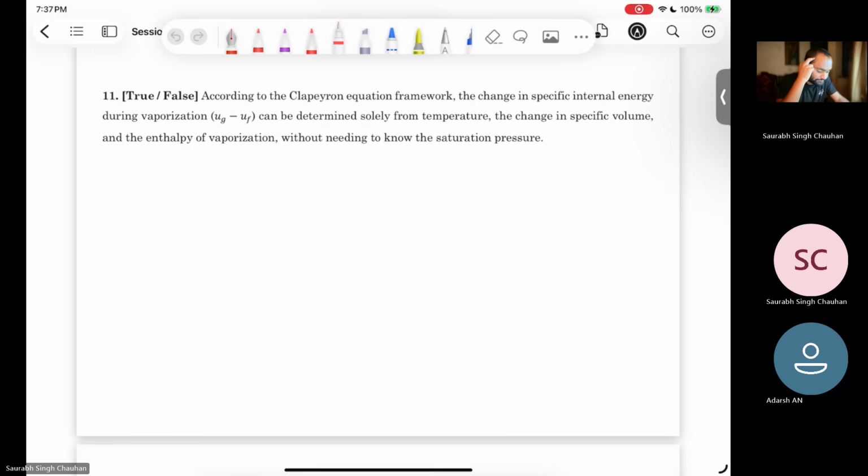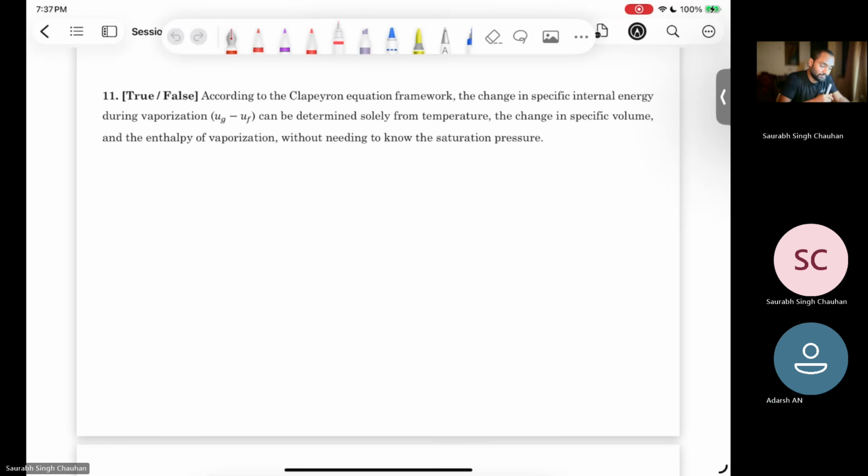Anyway, question number 11: according to the Clapeyron equation framework, the change in specific internal energy during vaporization, Ug minus Uf, can be determined solely from temperature, the change in specific volume, and the enthalpy of vaporization without needing to know the saturation pressure.